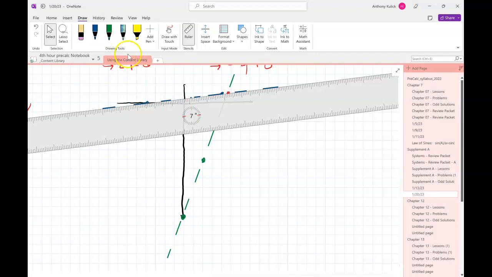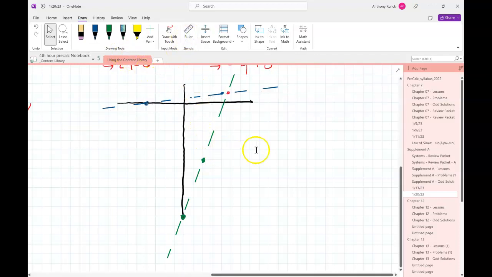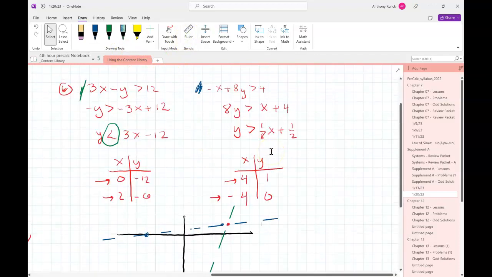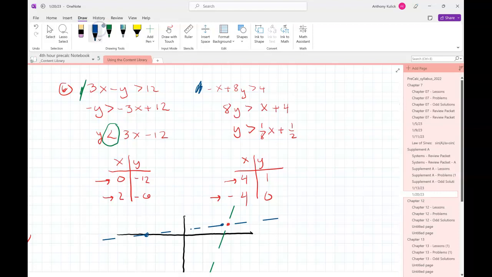Okay. So again, because they were not "or equal to" inequalities, that's why I used a dashed line instead of a solid one. For a greater than, I'm going to be shading above my line.